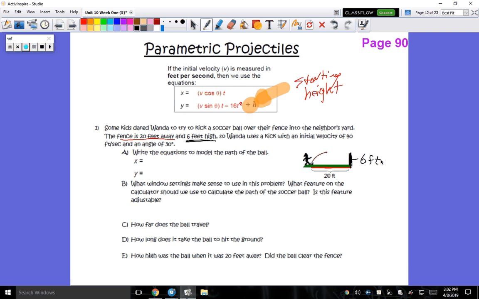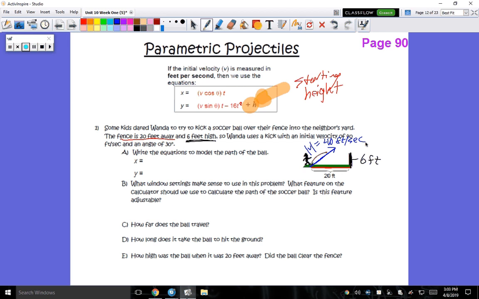So Wanda uses a kick with an initial velocity of 40 feet per second. So here we go. She's going to kick it at an angle of 30 degrees. So when she kicks it, she's aiming like this vector, if you will. And the vector's strength, which we used to write as the magnitude in vectors, is going to be 40 feet per second.